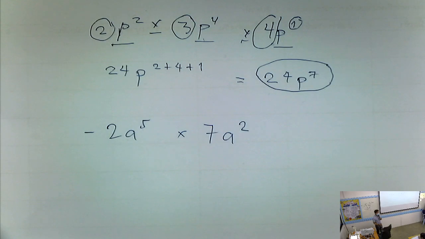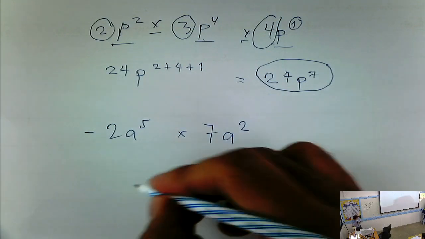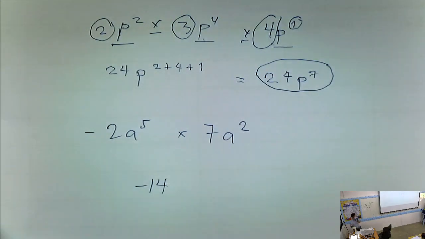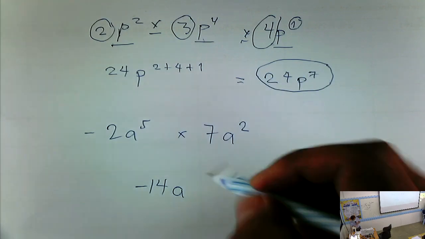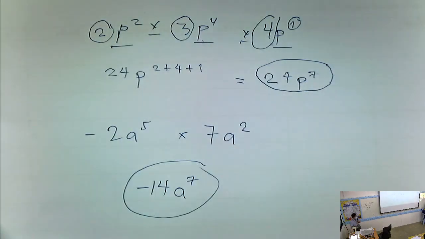What's the answer? This is negative 14a to the power of, okay, very good. So we will have negative 14a to the power of 7.